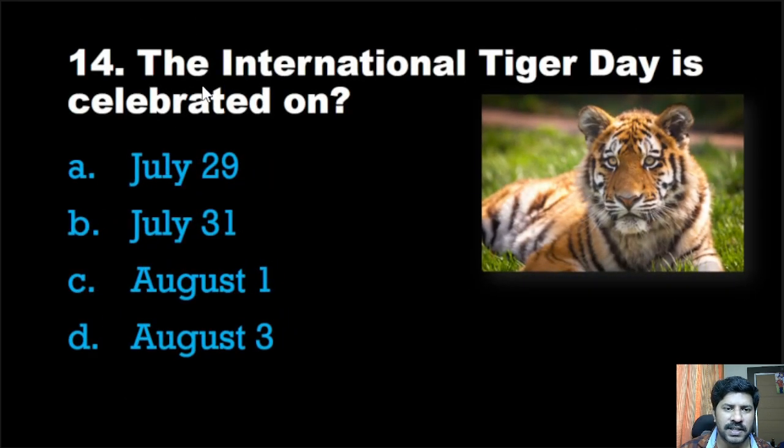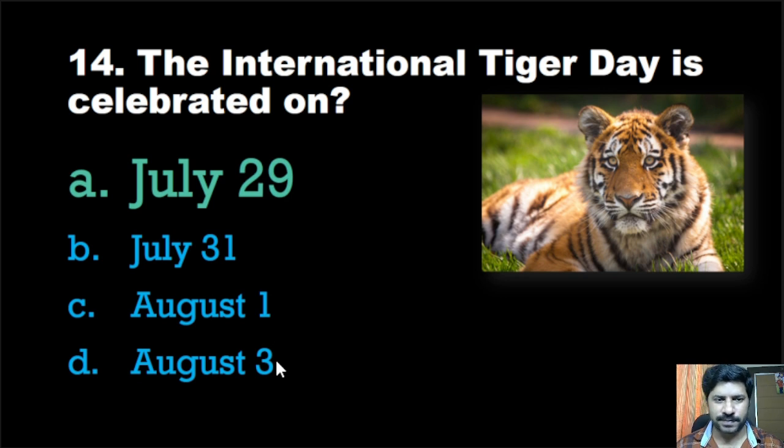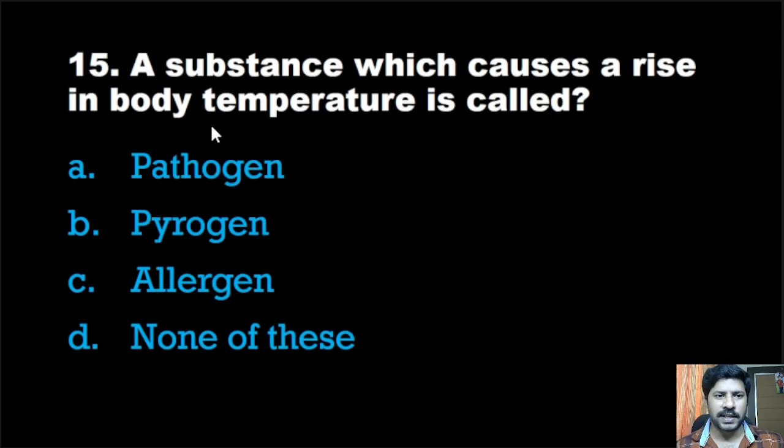Then 14th question. The International Tiger Day is celebrated on July 29th, July 31st, August 1st, August 3rd. Correct answer is July 29th. Next question. A substance which causes a rise in body temperature is called pathogen, pyrogen, allergen, none of these.